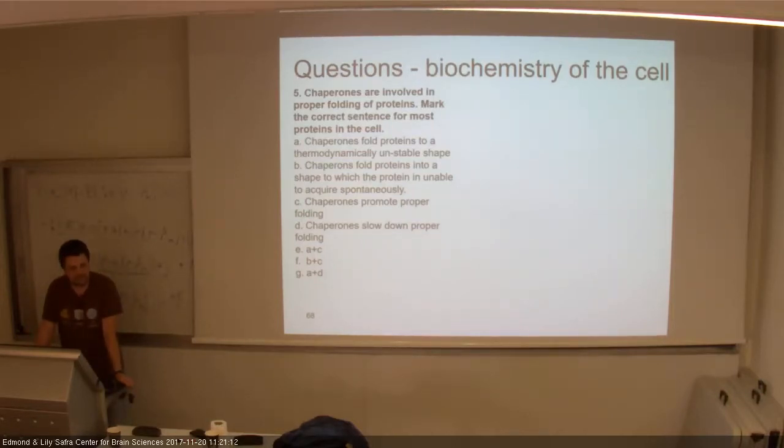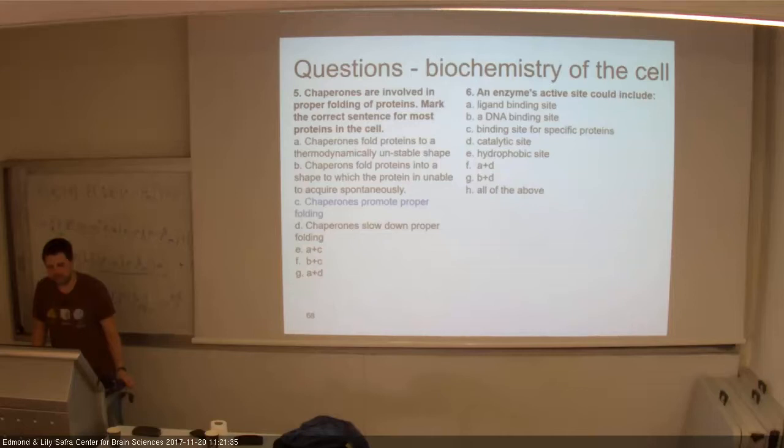Someone thinks yes? No. Chaperones fold proteins into a shape which the protein is unable to acquire spontaneously. Chaperones promote proper folding. Okay, and chaperones slow down proper folding. No, they actually speed up proper folding.